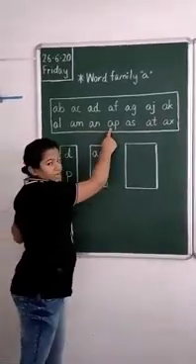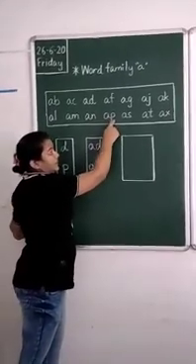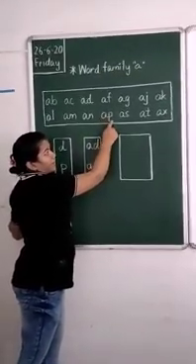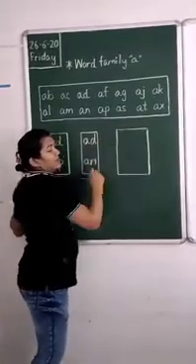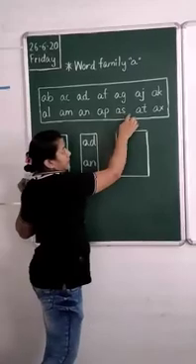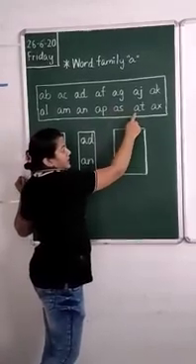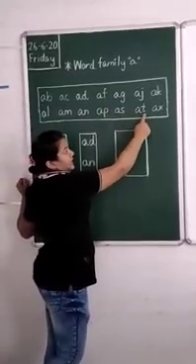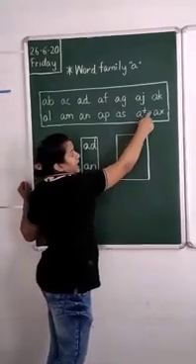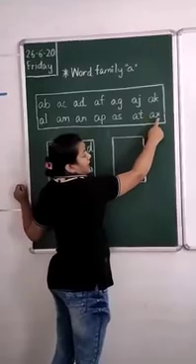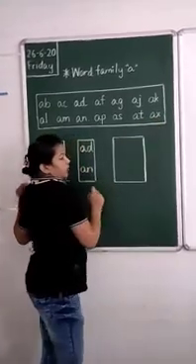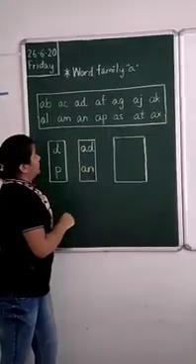A says A, P says P. App. A says A, S says S. What does it become? As. A says A, T says T. At. A says A, X says Z. What does it become? Eggs.